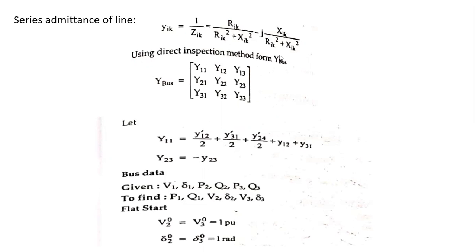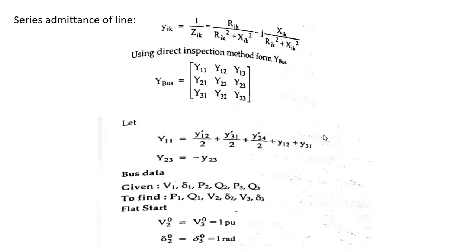Using the direct inspection method, form the Y bus. We already know how to form the Y bus matrix, which was discussed in the previous classes. With three buses, the dimension of the Y bus is 3 by 3: Y11, Y12, Y13, Y21, Y22, Y23, Y31, Y32, Y33.